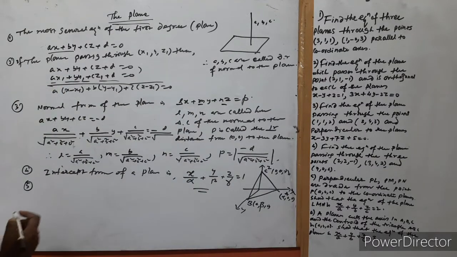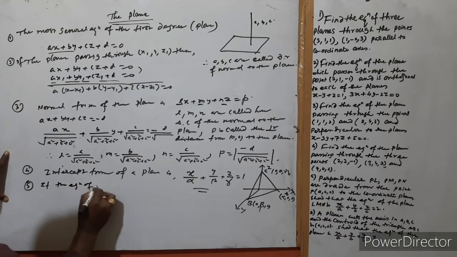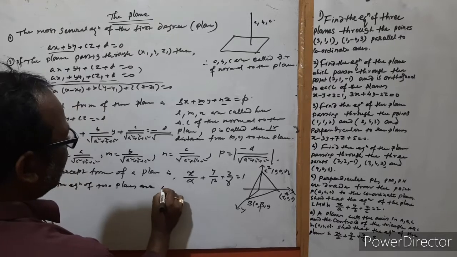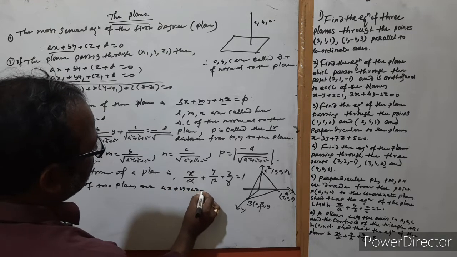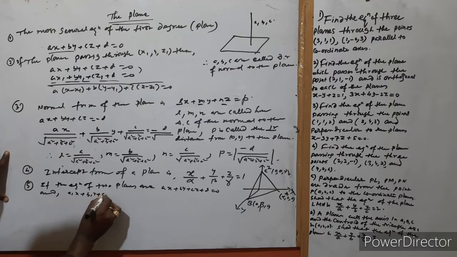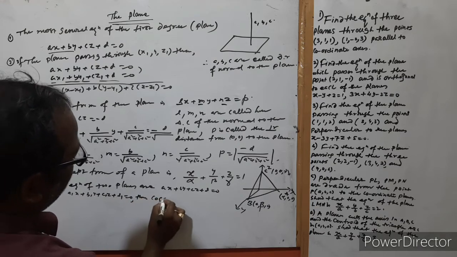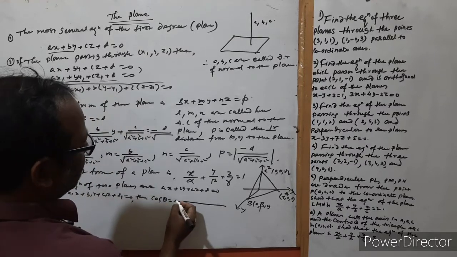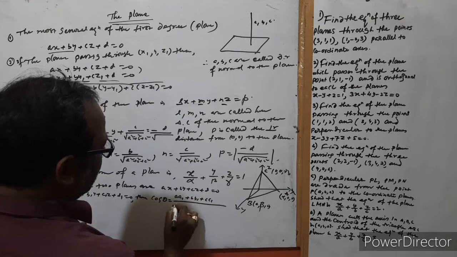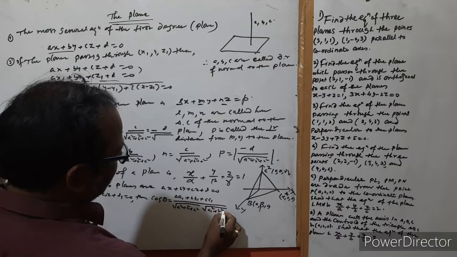Okay, now see if the equation of two planes are ax + by + cz + d = 0 and a1x + b1y + c1z + d1 = 0, and theta is the angle between them, then cos theta is equal to (a a1 + b b1 + c c1) divided by root over (a square plus b square plus c square) and (a1 square plus b1 square plus c1 square).